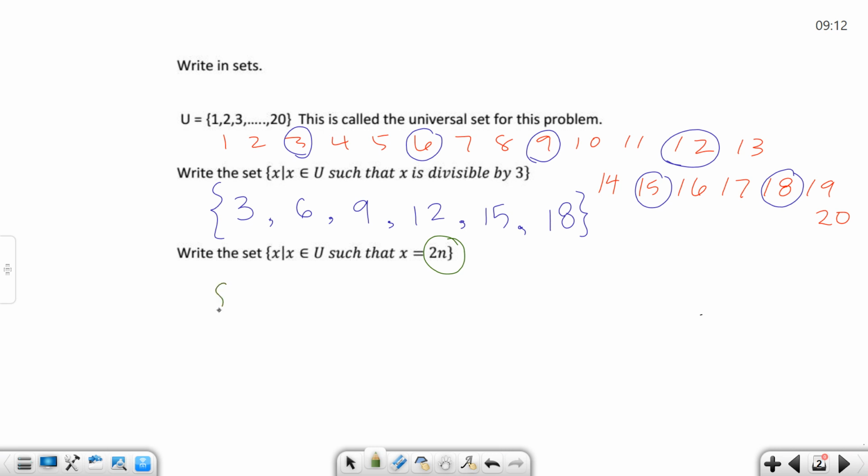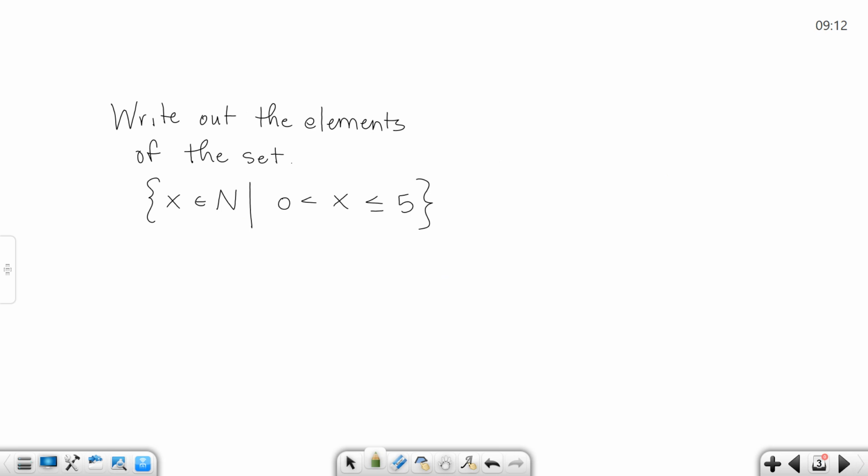The ones that are divisible by 2 would be 2, 4, 6, 8, 10, 12, 14, 16, 18, and 20. So that's how we would write that particular one out. And that's how you do it.